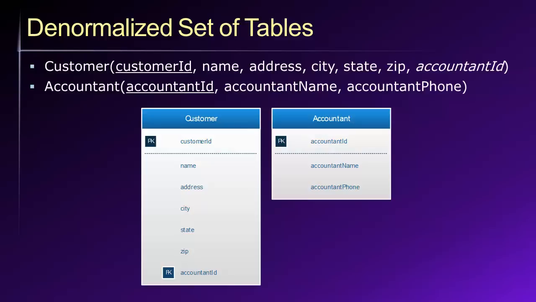From a performance perspective, this may be desirable because it allows us to extract a customer's address from the table without having to perform a join operation with the zip code table. In the relational database world, join operations are computationally and temporally expensive processes.